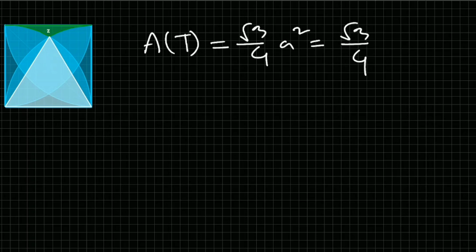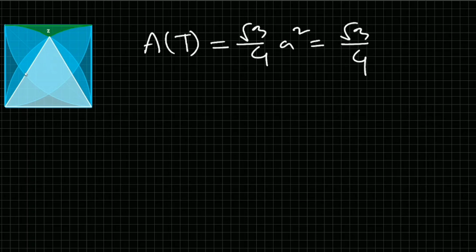Why 1 unit? Well, the base of this triangle is basically the side of the square, which is equal to 1. The other 2 sides are equal to the radius of the circular segment, which is also equal to 1 unit. That means the area of the triangle is equal to root 3 over 4 a squared, which is equal to root 3 over 4.